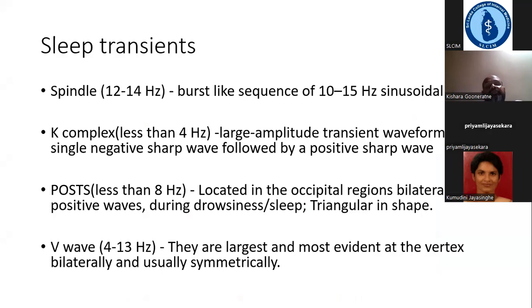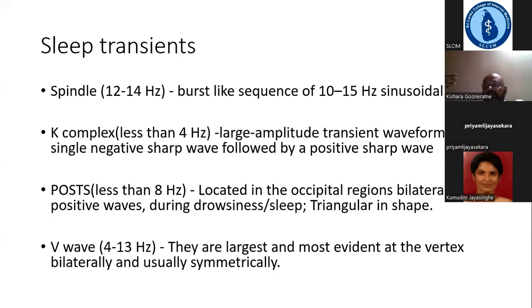So now I've spoken about what an awake EEG is like. It has an anteroposterior gradient where you will see the prominent alpha activity in the posterior leads. You will see eye closure, and sometimes the eye closure might magnify the amplitude of the alpha activity, which is quite normal in a patient.